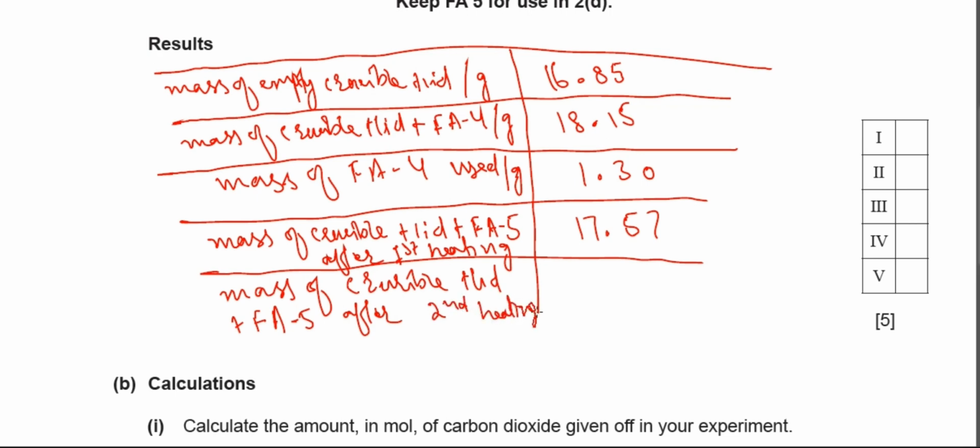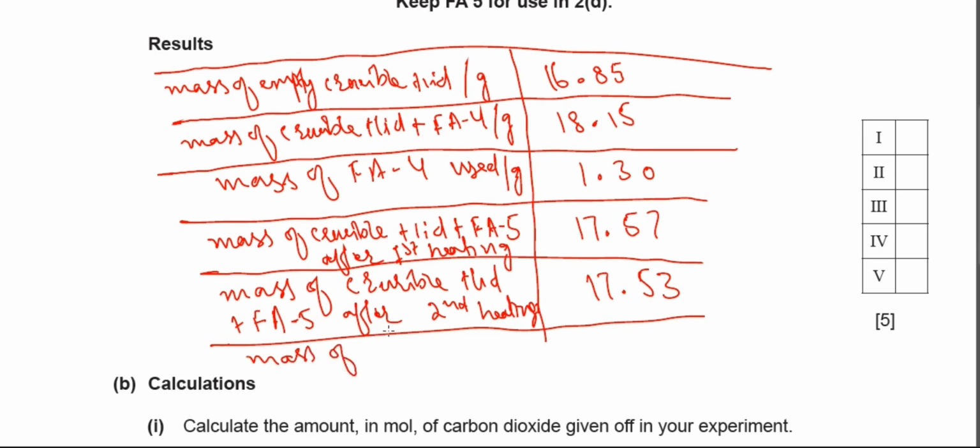Let's say there is a little decrease, so I can say 17.53. A little decrease, so that's why there is a change. So I'm going to write and take another reading as well. This is called heating till constant mass. This makes sure that the heating is complete, the decomposition is complete, so you must do this additional further heating.